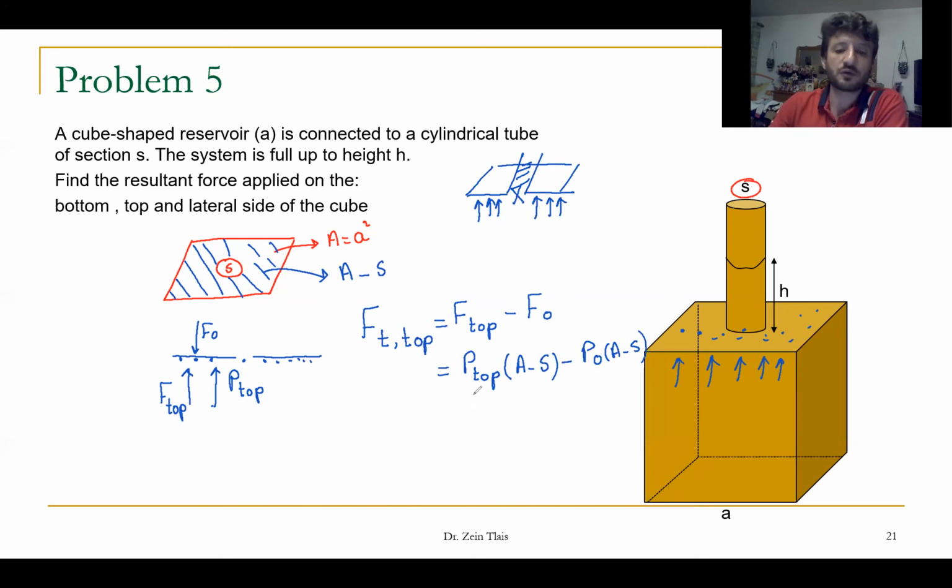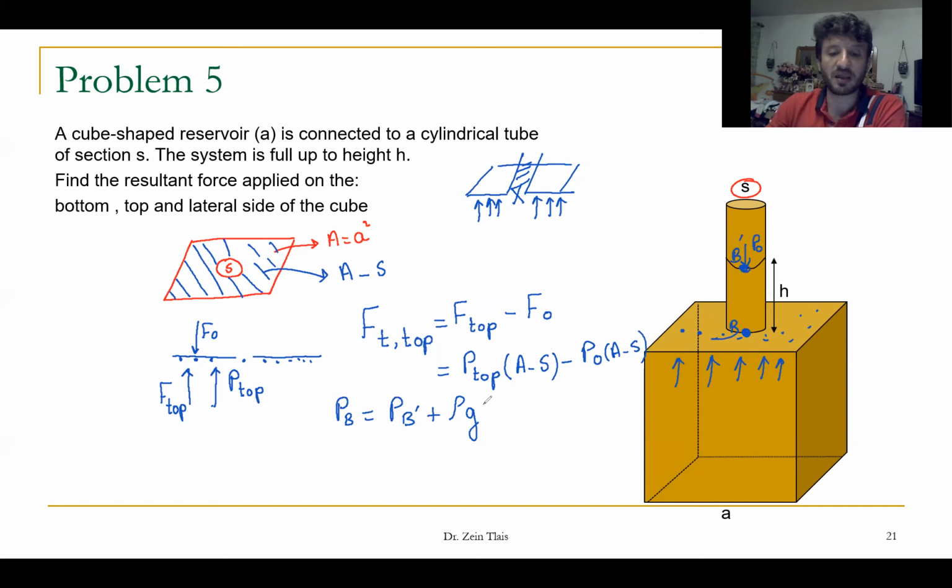We have to calculate P top. To calculate, we can take one point here and one point here, a point B and B prime. At B prime we have P0. So P at point B equals P at B prime plus rho g h.